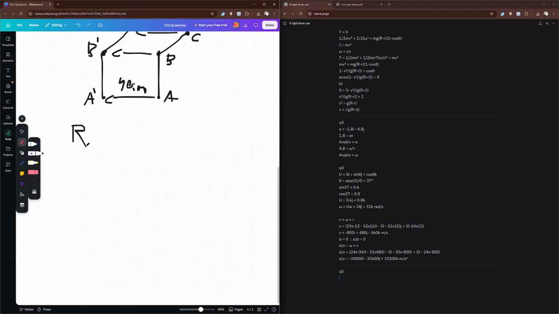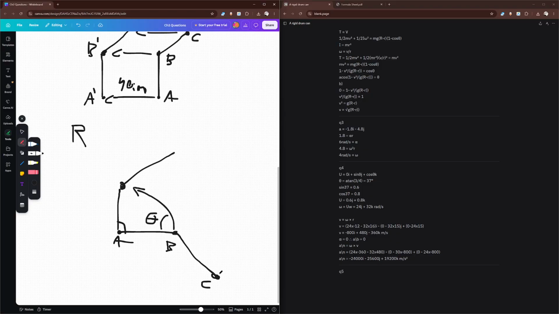Now, if you look at the rotation it goes through, we have A, B, C, and now this is actually drawn correctly. It rotates some angle theta about B. This is a 90-degree angle.